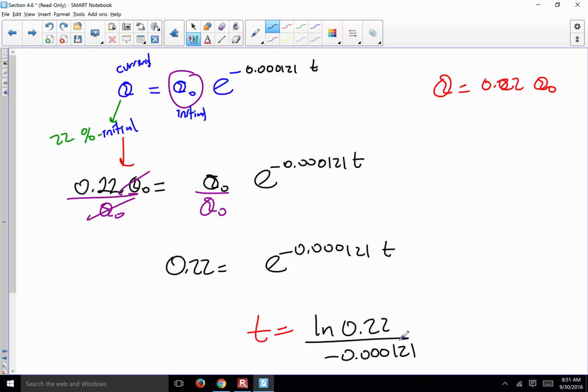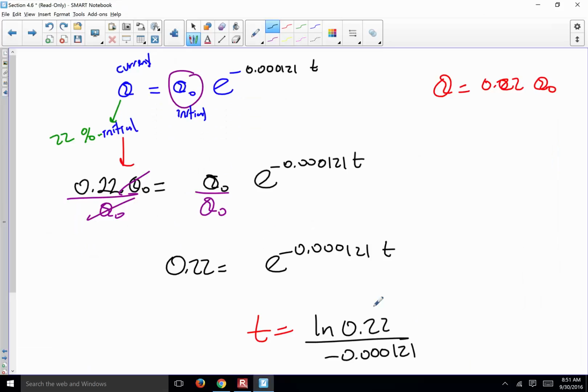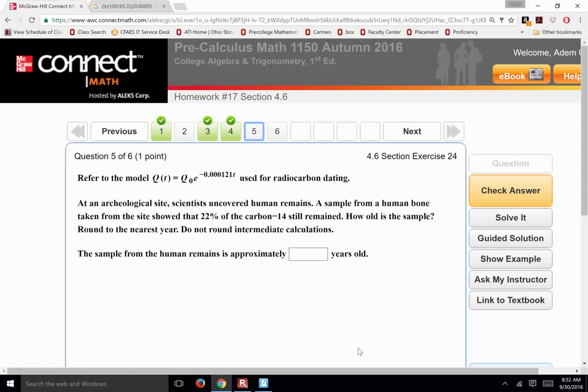And this is it. And round it to the nearest year. It says do not round the intermediate. Compute all this at once. Some people compute this ln first and divide by this. It's not a good idea, okay? Just take ln and divide by that. So what number did you get? Anyone?